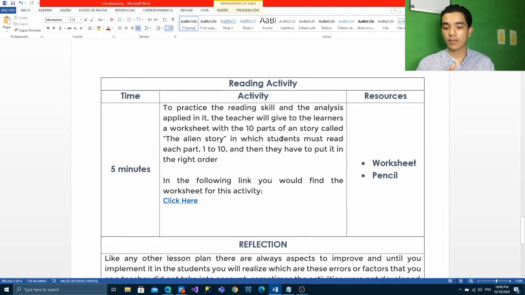The teacher will give the learners a worksheet with the 10 parts of a story called The Alien Story, in which a student must read each part, and then put them in the right order. This activity is focused on the vocabulary, and the resources implemented are worksheet and pencil.